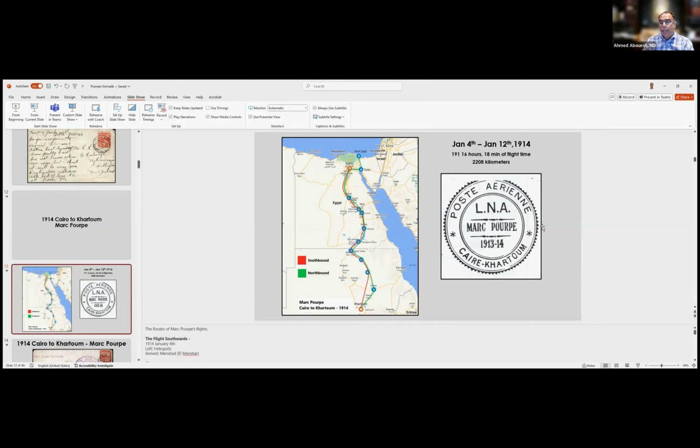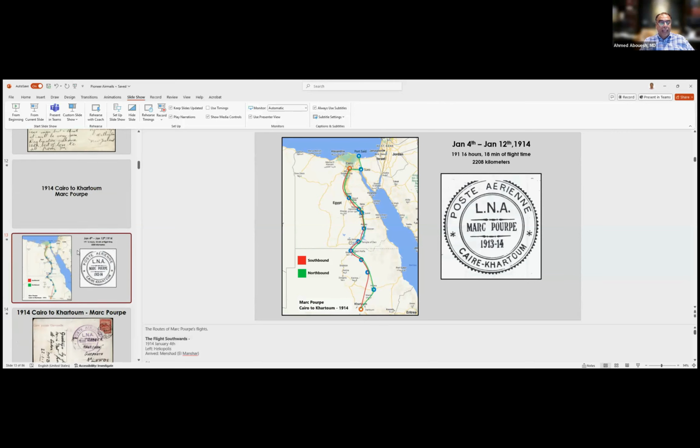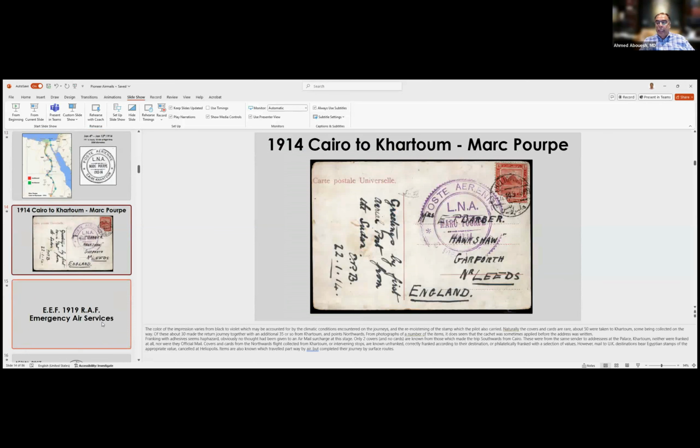As it was sponsored by the French Aeronautical Society, as well as the Egyptian Post Office, they came up with their cachet, which is in purple. I apologize, it's not really reflected here, but in this postcard.